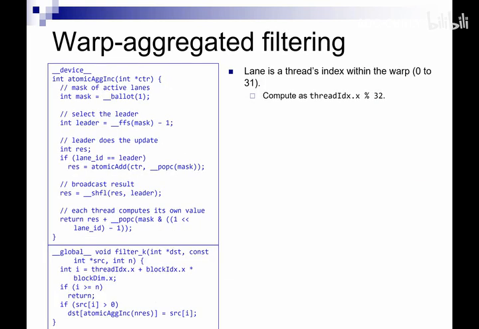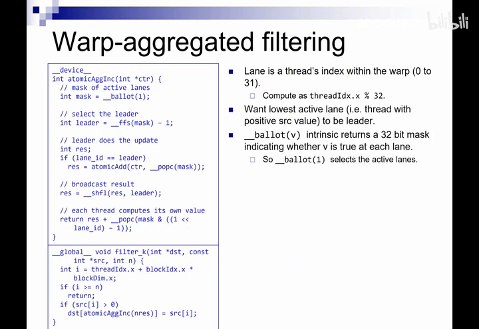Okay, so this is the code for doing this. It introduces a bunch of new atomic operations, which are all the operations with the double underscores. Let's look at what these operations do. The first operation is the ballot operation. You call this ballot operation with a value, and remember that it only applies to a single warp.